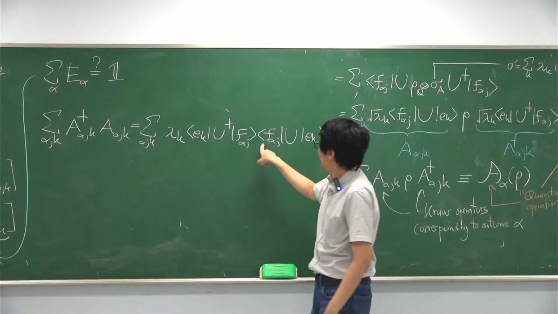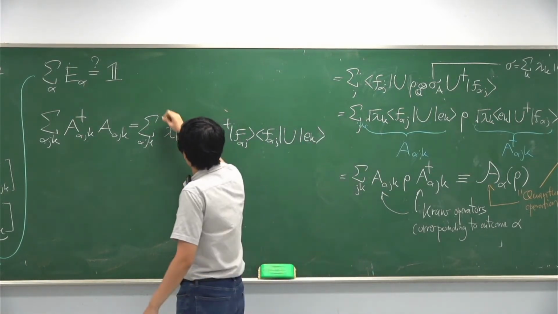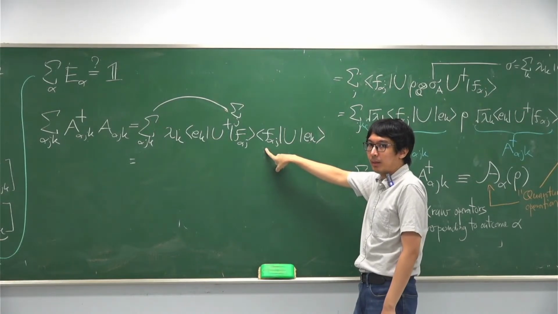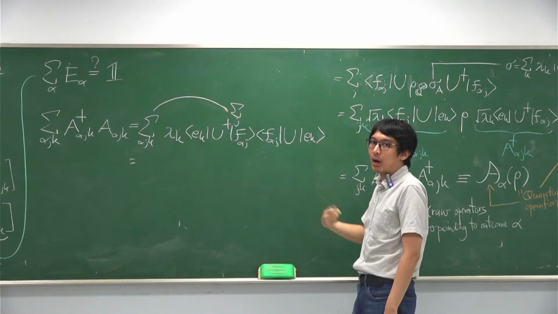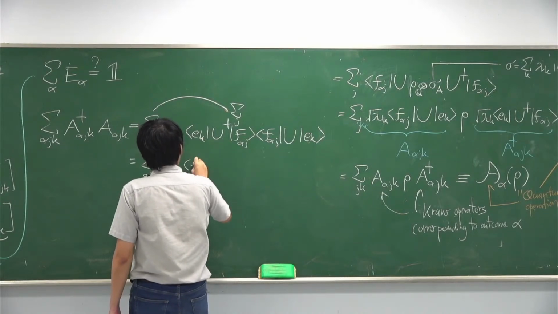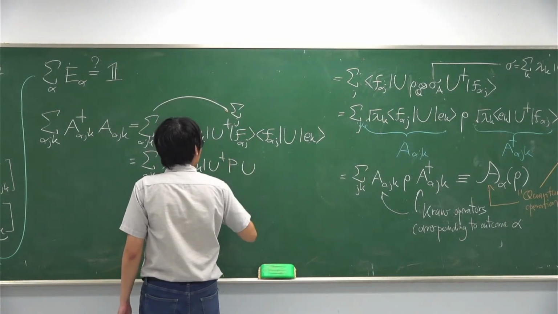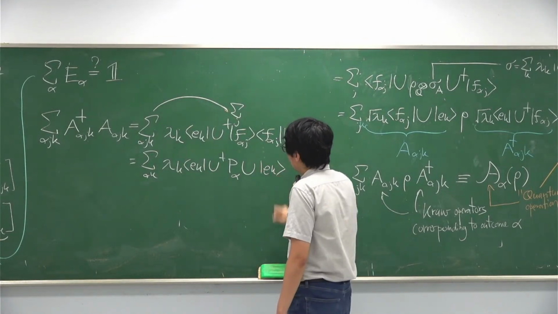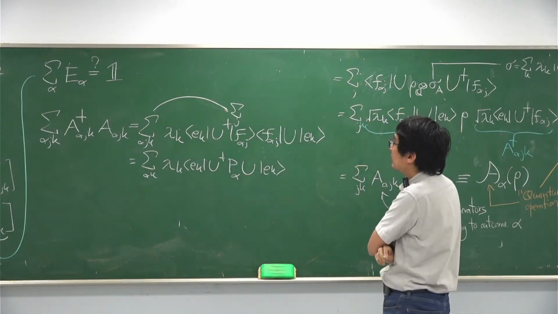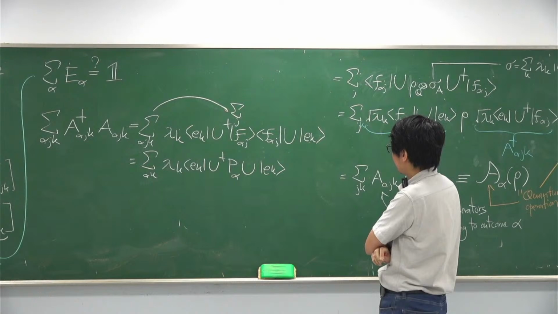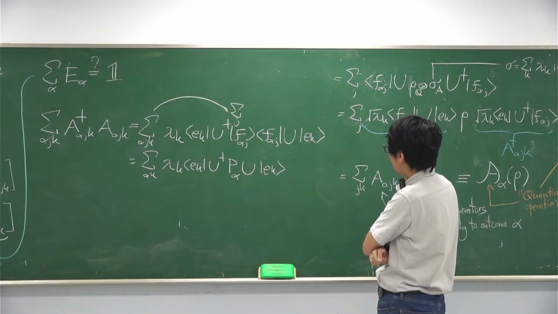The only thing that depends on j here is in the middle. So if I move the sum over j over here, I will get the projector onto the outcome alpha. Now I get rid of one of the sums.